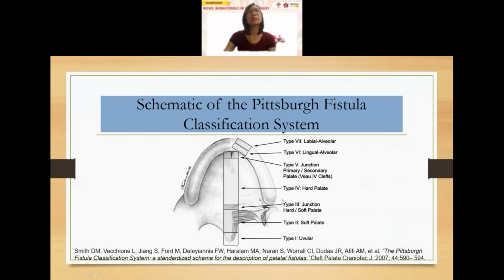We have a fistula classification system.